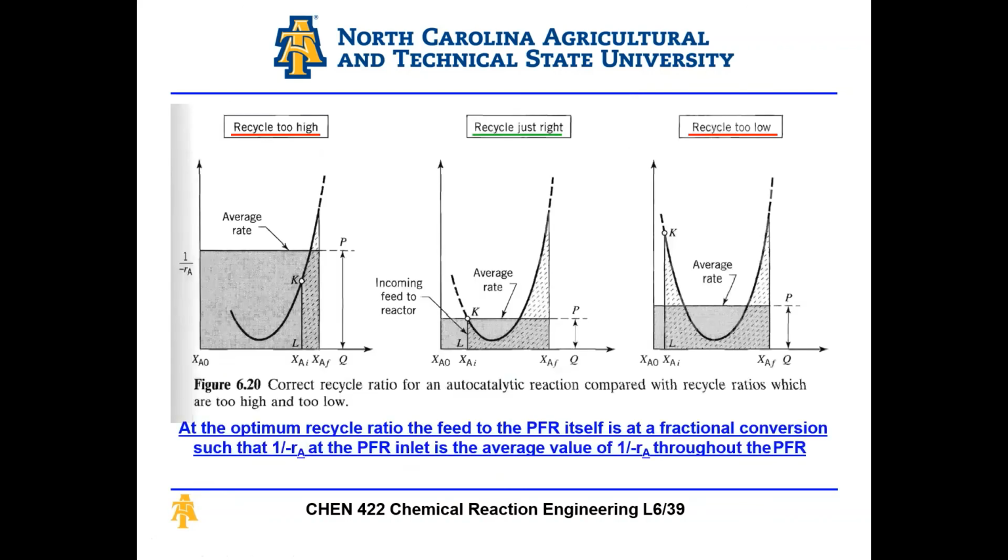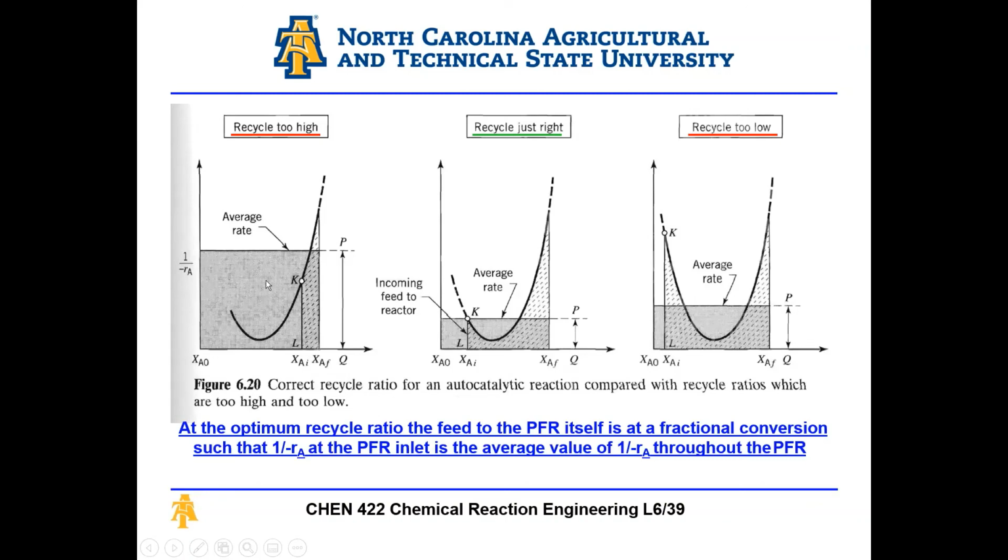So if I look at 3 cases of the plot of 1 over minus RA versus XA, for the case where the recycle is too high, if I set XAI to XAF to be too high, you can see that the average rate, the average 1 over minus RA, is very high, and the areas of the rectangles are not the same, right?